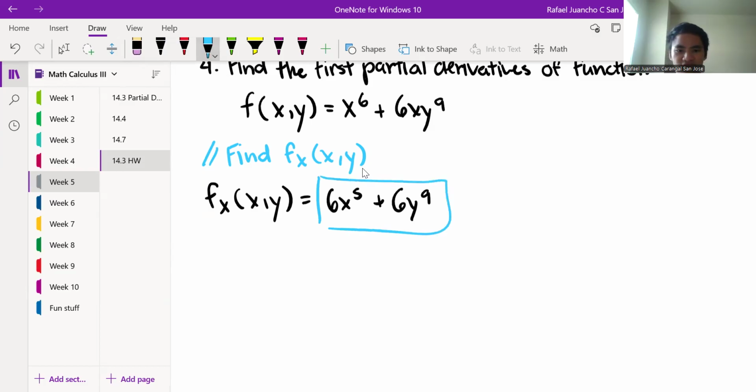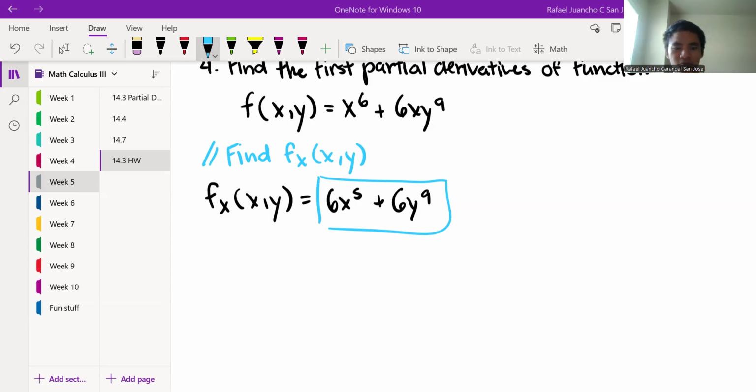Let me just double check if I got that. 6x to the 5th, I added the 6y to the 9th. I should get the answer. Got it.